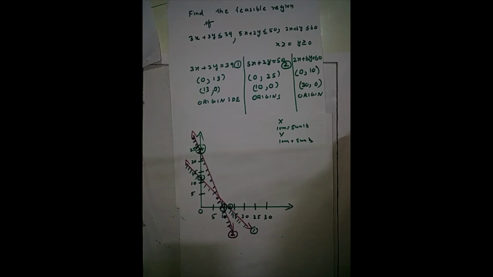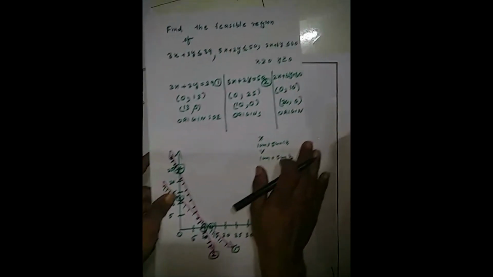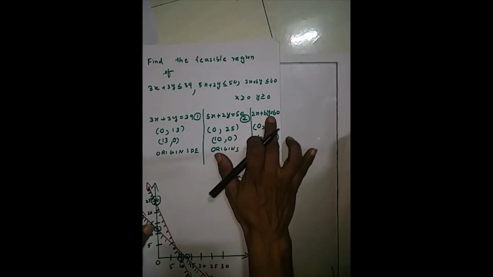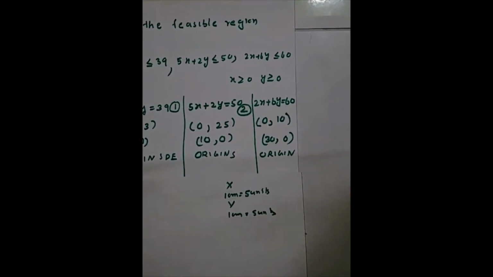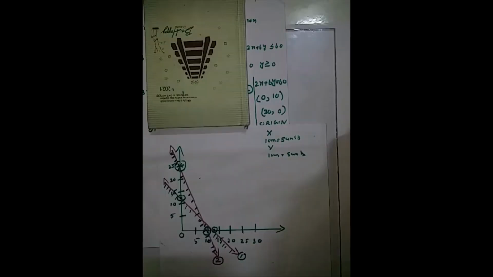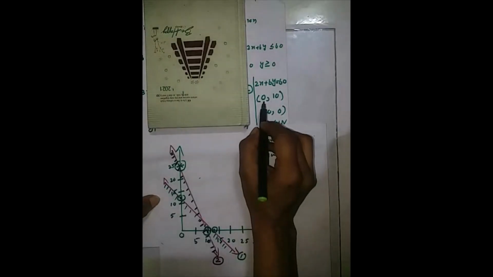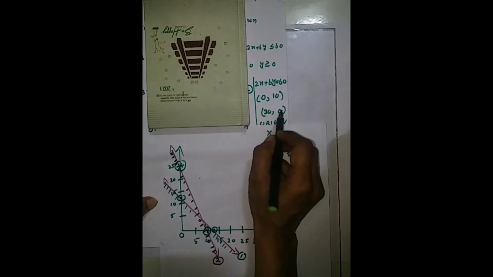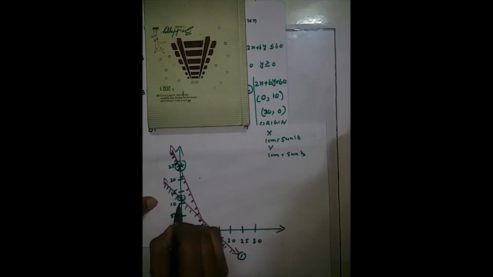Now the third equation, 2x plus 6y equal to 60. The points are 0, 10 and 30, 0.